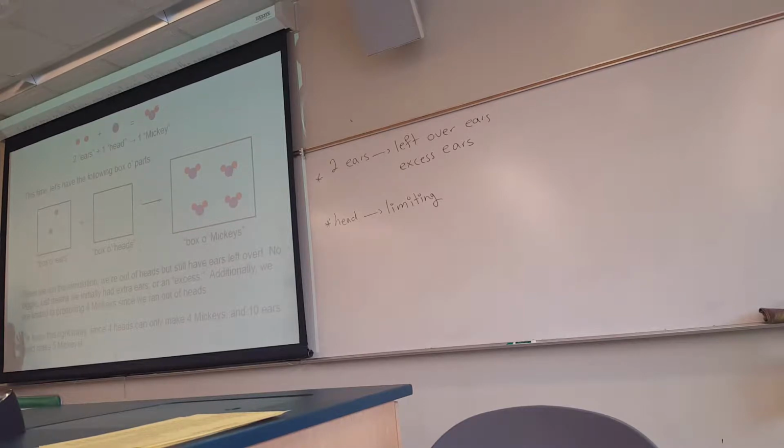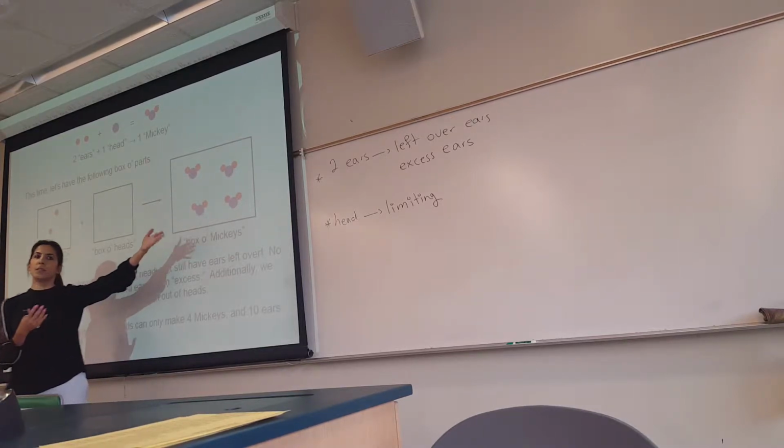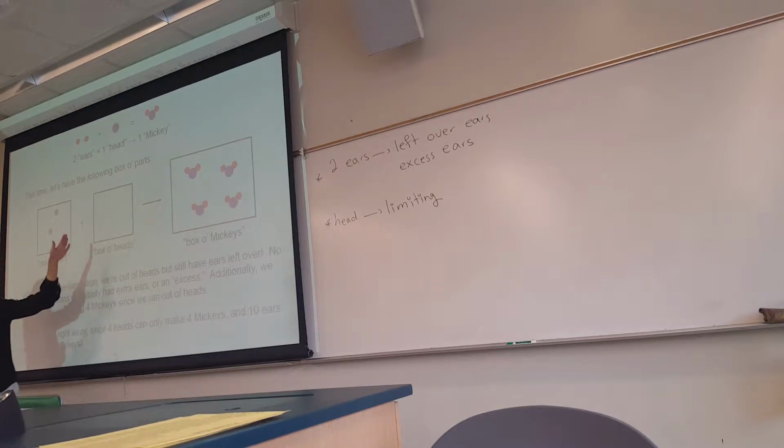So the number of heads that was given to you is limiting the number of Mickey Mouse that you can make. So in this process, you call the heads limiting because that's limiting the process of making Mickeys, and the ears are going to be the excess.